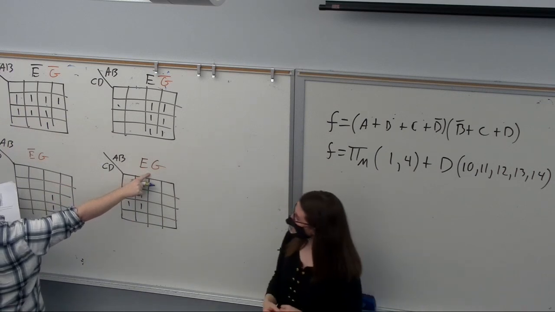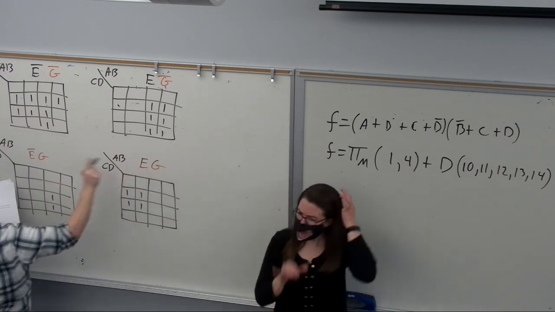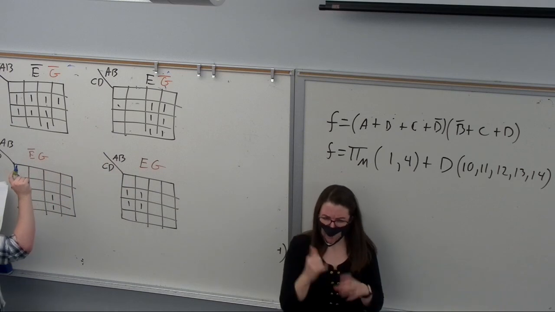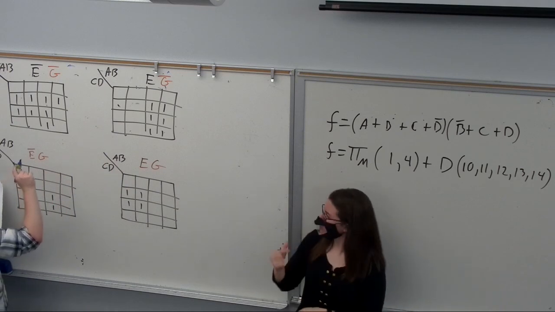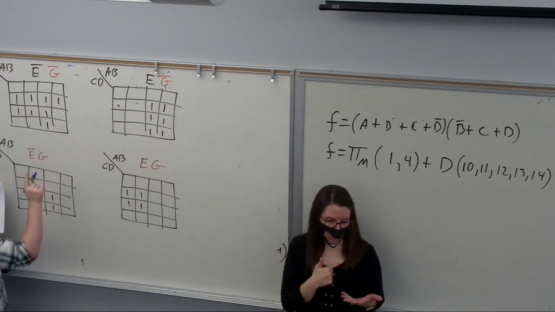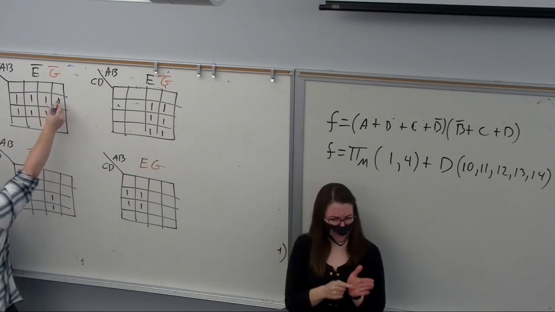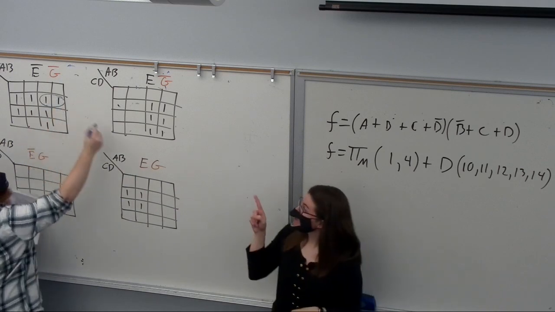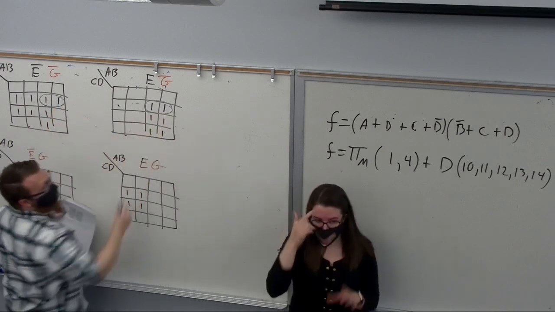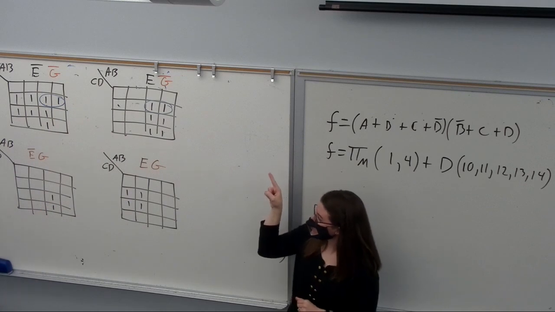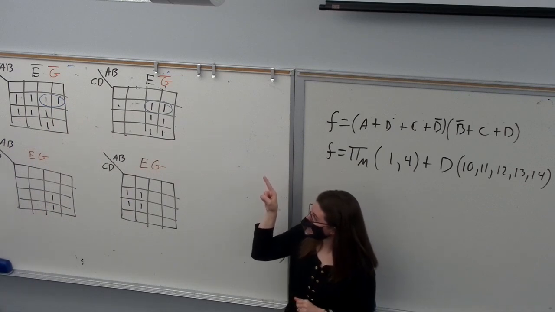So that's potentially problematic. What we may want to look for is something like this. I don't like this example as much, but these two are logically adjacent to those two.